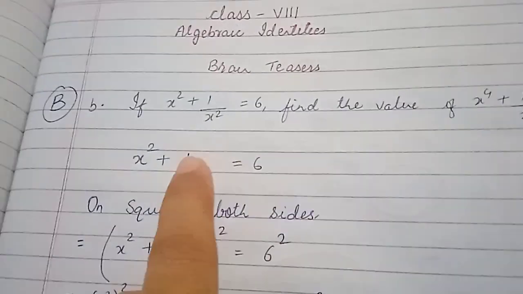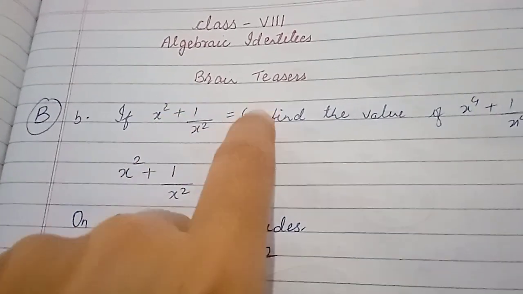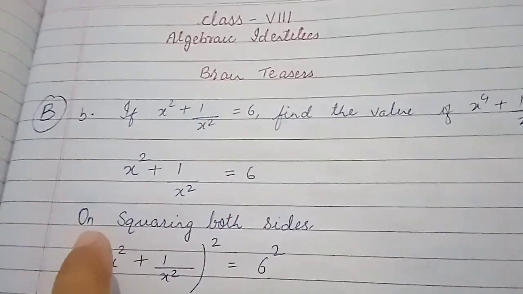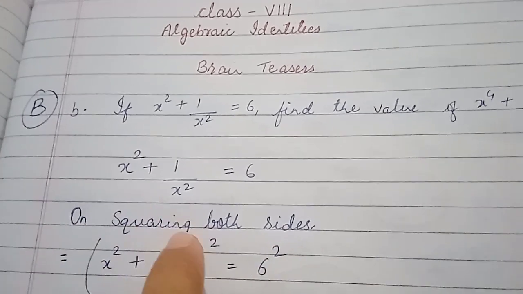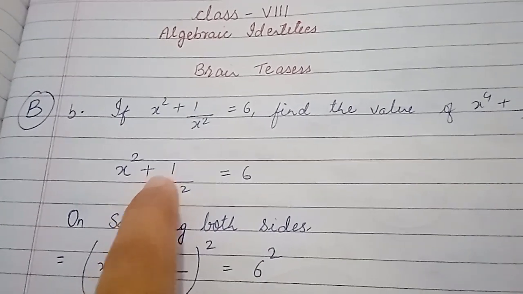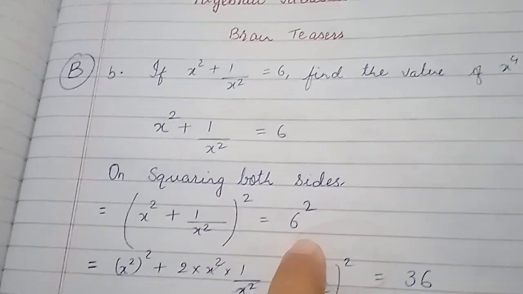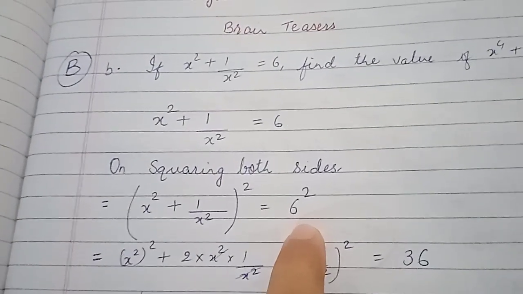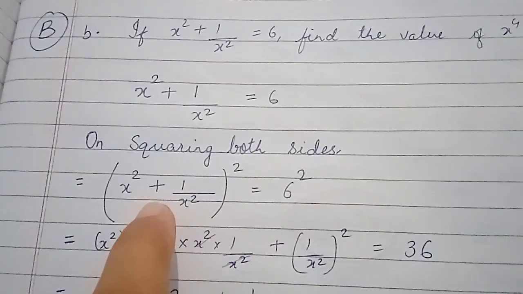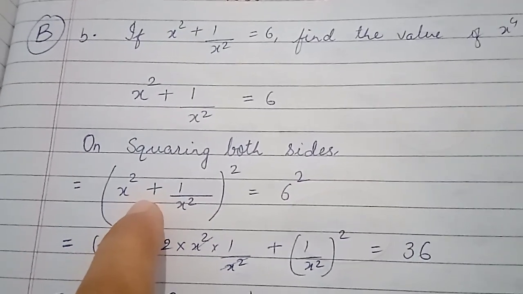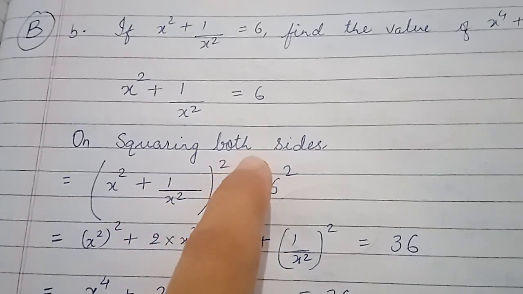If you take squares on both sides, LHS and RHS, then it will be converted into identity 1, a plus b whole square.